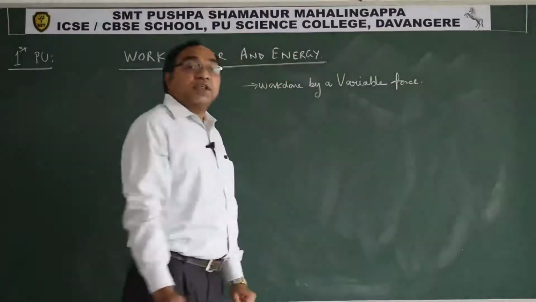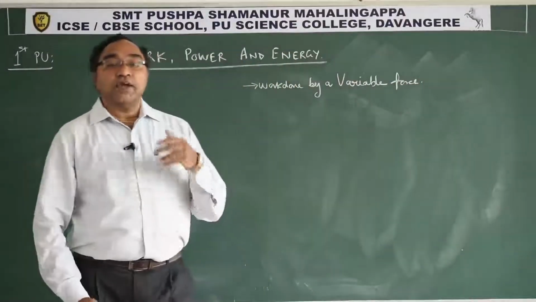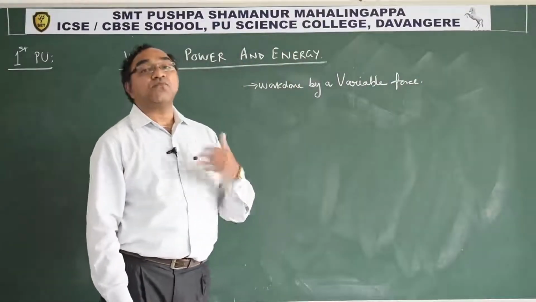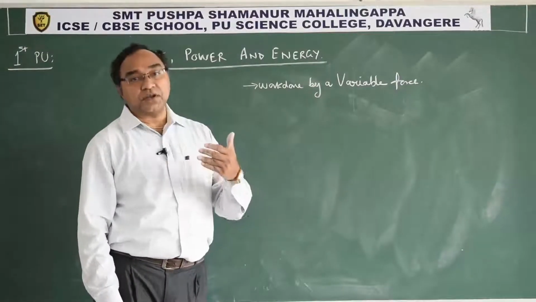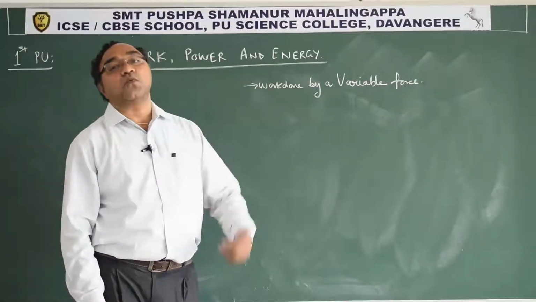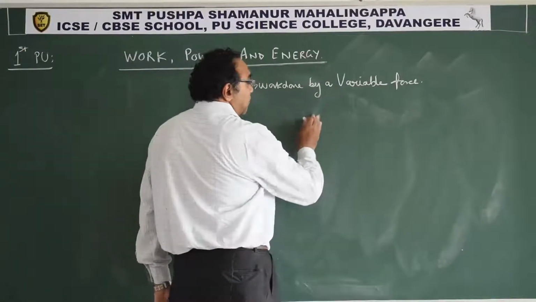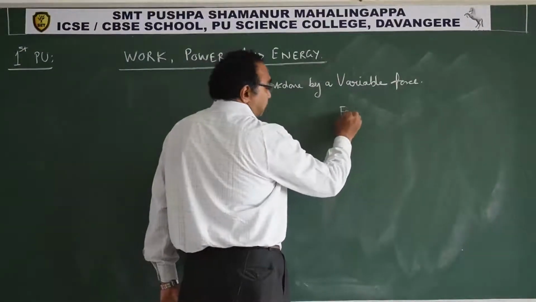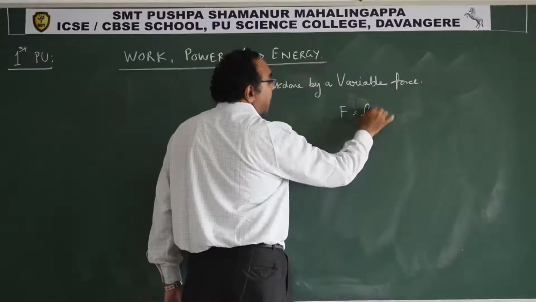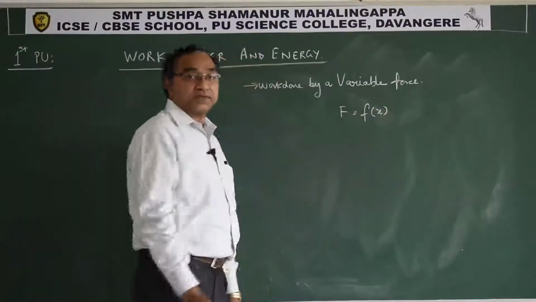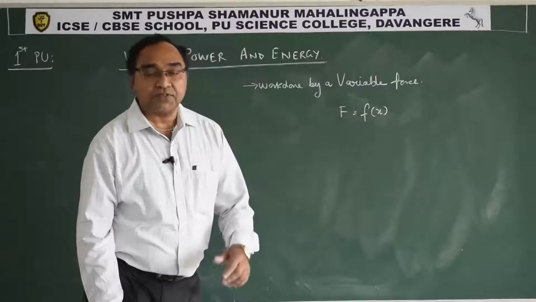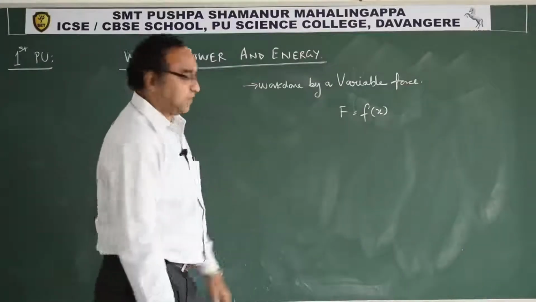Now what is the meaning of variable force? Variable force means force is a function of some other quantity. So suppose the force F is given as some function of distance x.